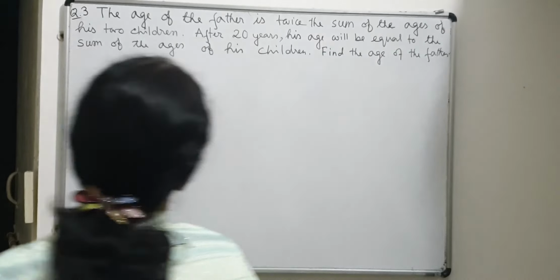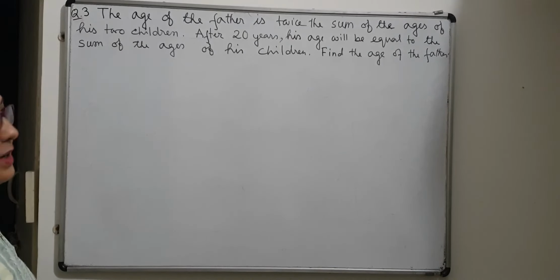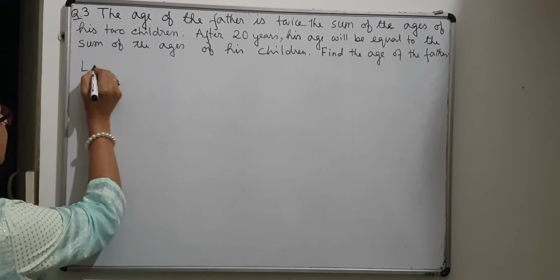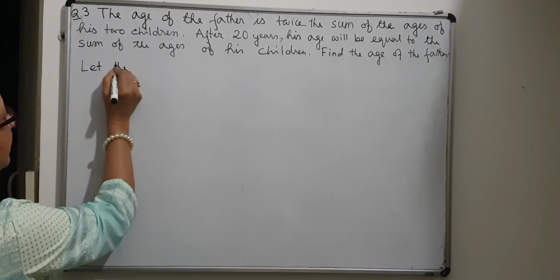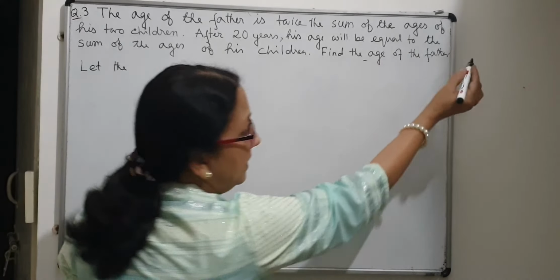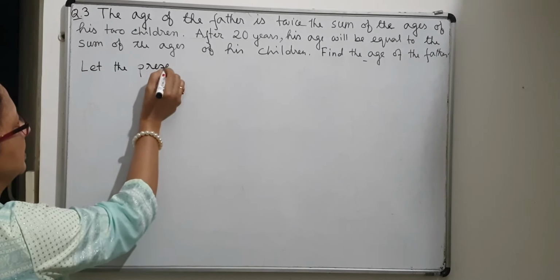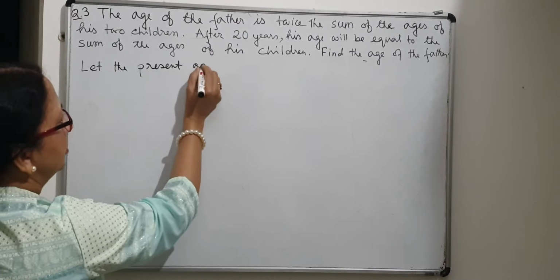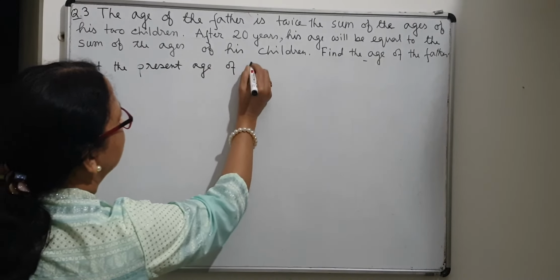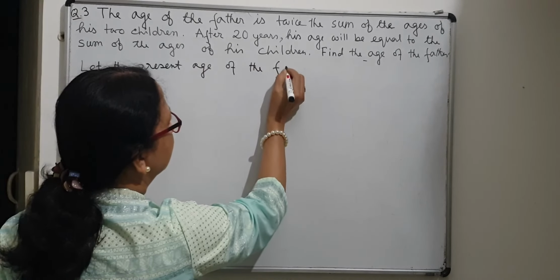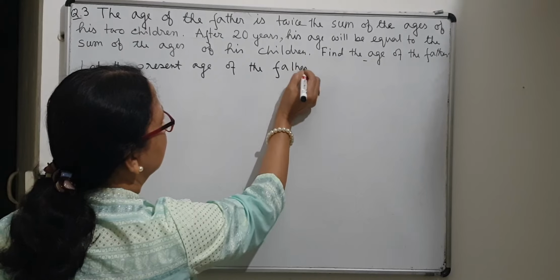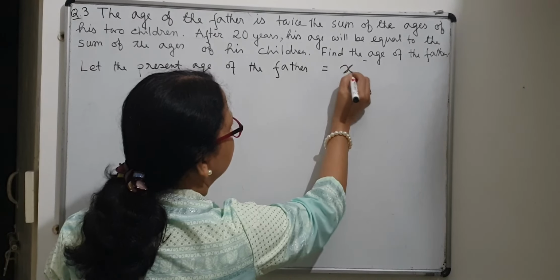Okay, so let us take the unknowns as variables. Let the present age of the father be x years.